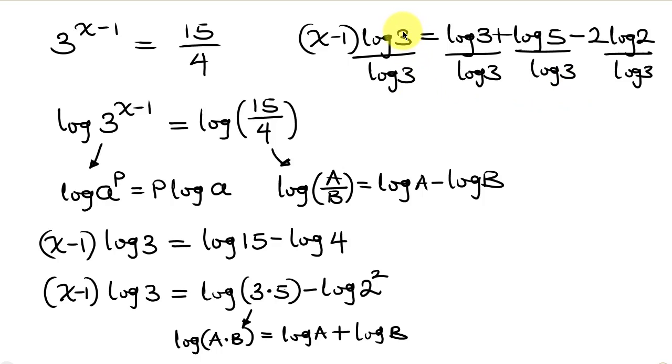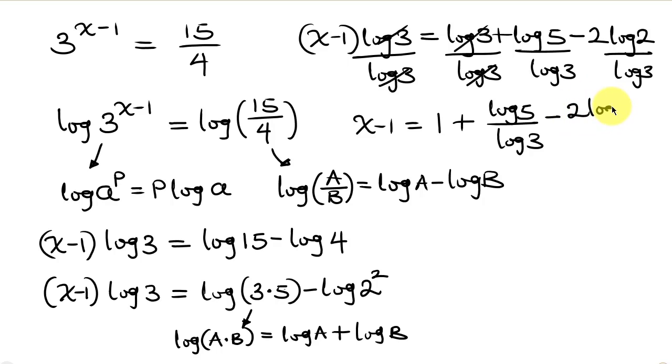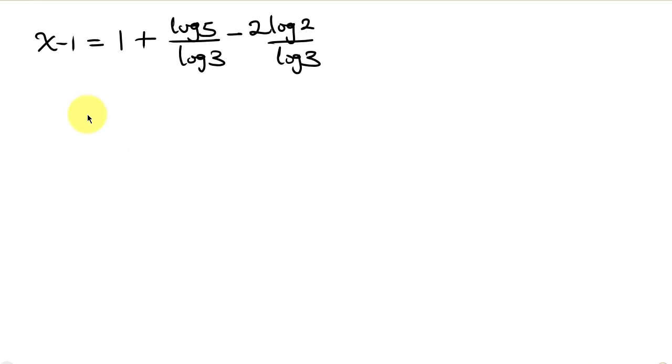Now notice that log 3 cancels out, leaving behind x minus 1 equal to log 3 divided by log 3, which is 1, plus log 5 all over log 3, minus 2 log 2 all over log 3. Now our next step will be for us to move minus 1 to the right hand side.